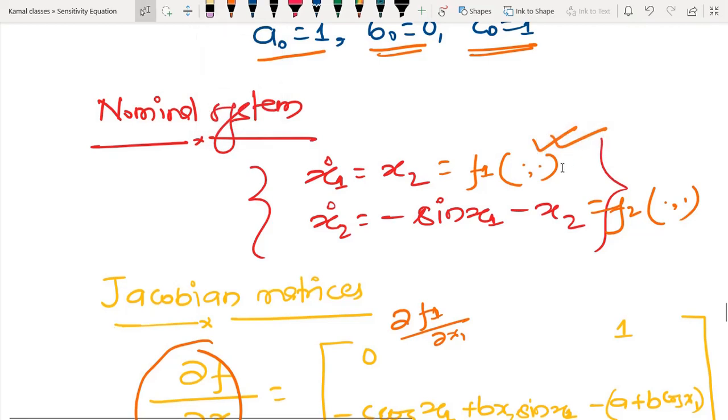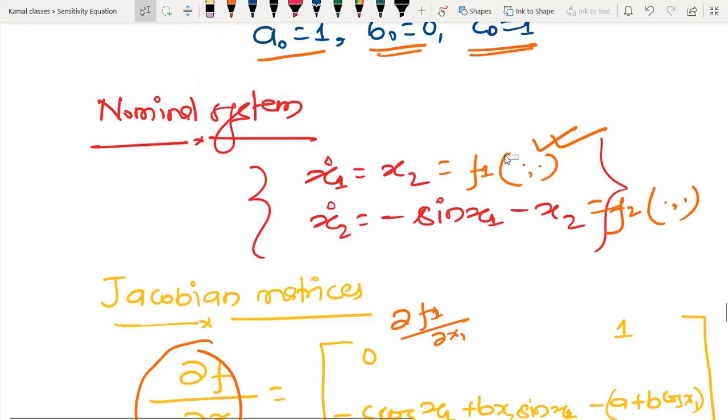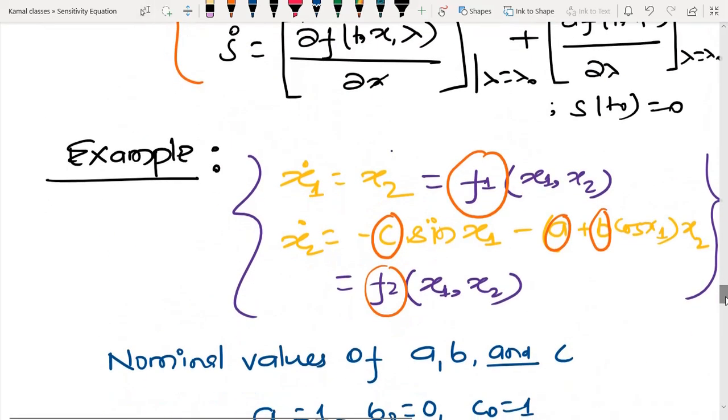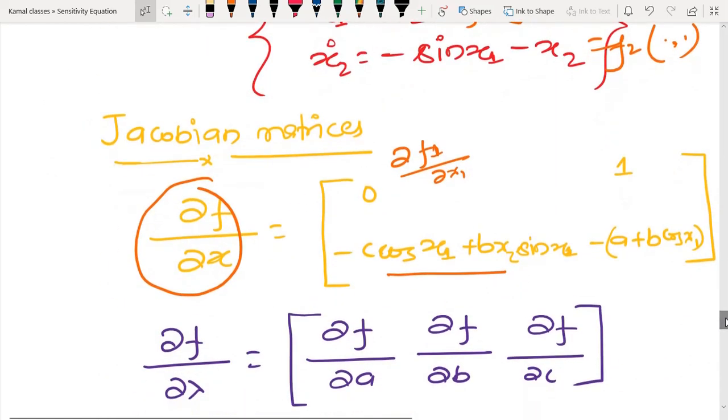What I am telling is that I have this equation, f1 and f2, and I am going to linearize this about x1, and after linearization I will get this.